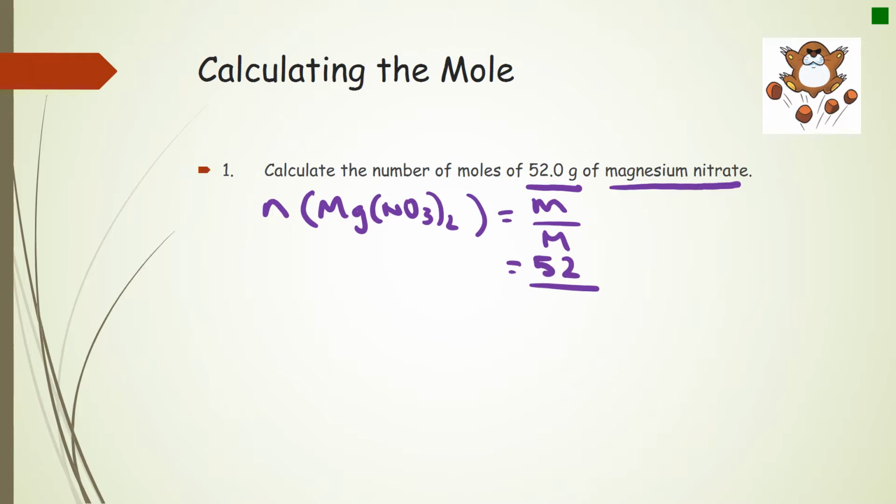Magnesium weighs 24.31, add bracket, nitrogen, which is 14.01, add oxygen, which is 16 times 3, close the bracket, times it by 2, and you should find that the formula mass for magnesium nitrate is 148.33. Now we can solve, and we get 0.351 moles. Now remember, we need to answer in 3 significant figures because our question came with 1, 2, 3 significant figures.